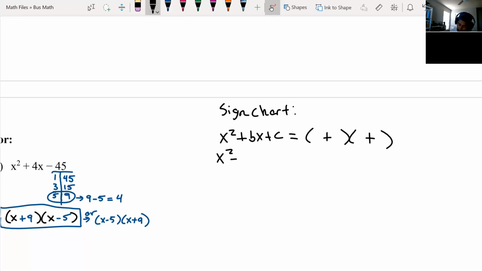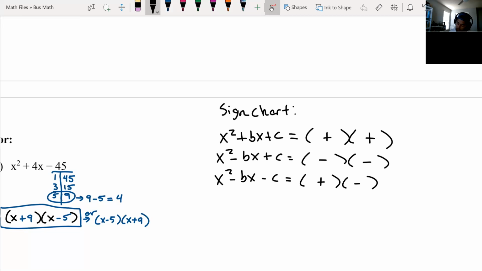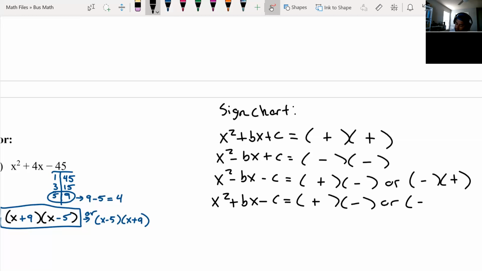If you're given x squared minus bx plus c, then your parentheses will be minus minus. If you're given x squared minus bx minus c, you're going to be plus minus, or minus plus. And last form, if you're given plus minus, it's going to be the same as above. You're either going to be plus minus or minus plus.